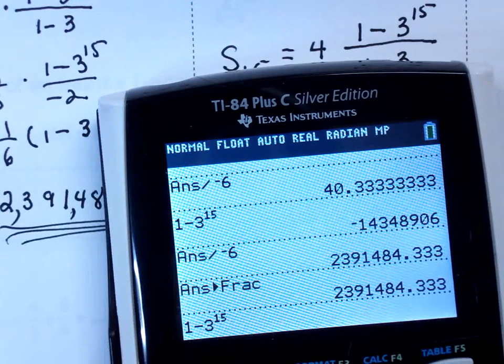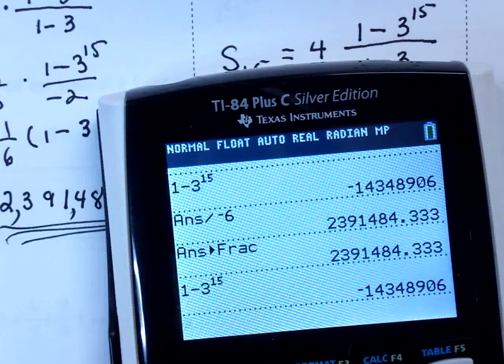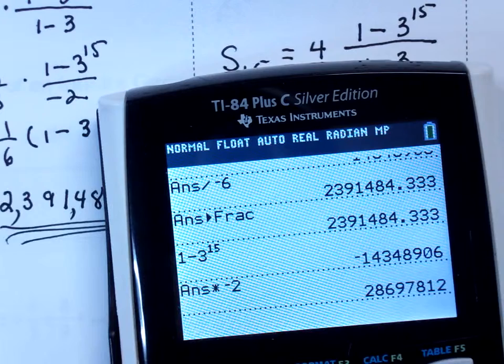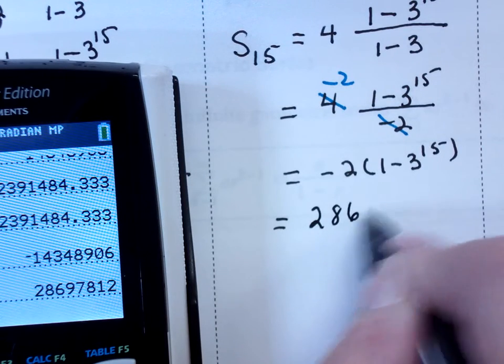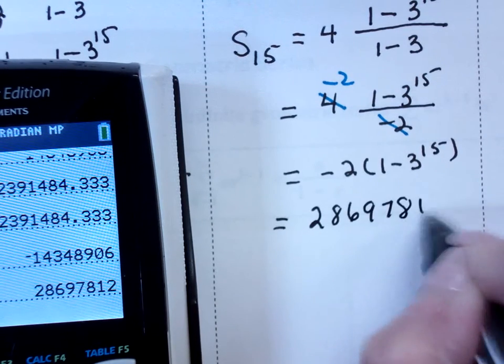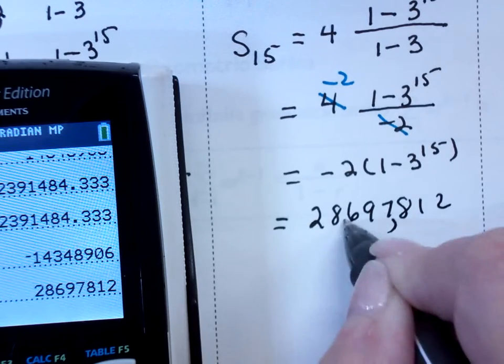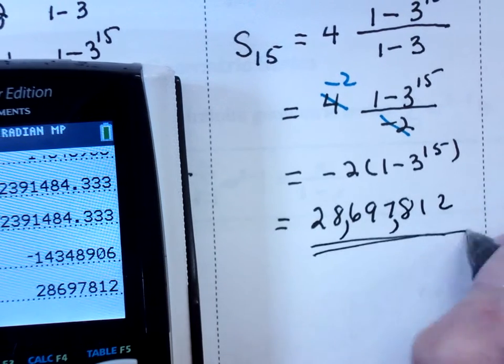You can go up the stack. And it's that. Now I'm going to multiply that by -2. And there it is. They're not small numbers. So 286,97812. So it's going to be 28 million.